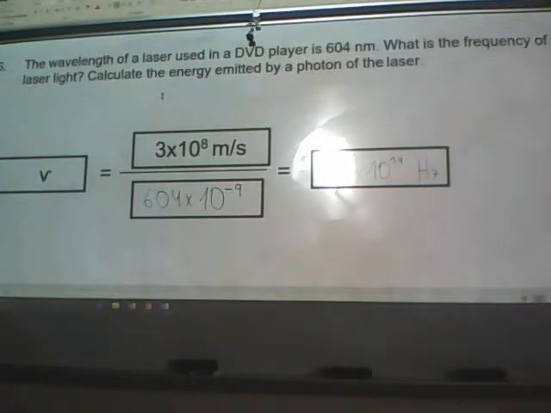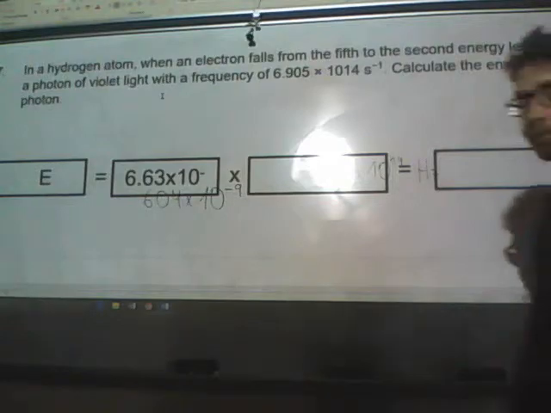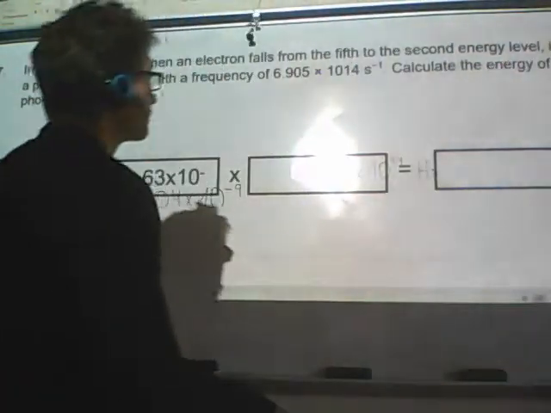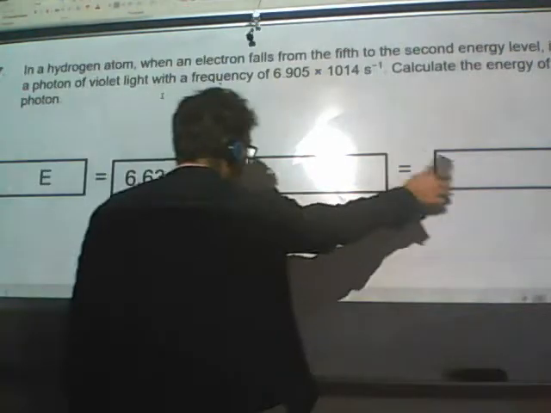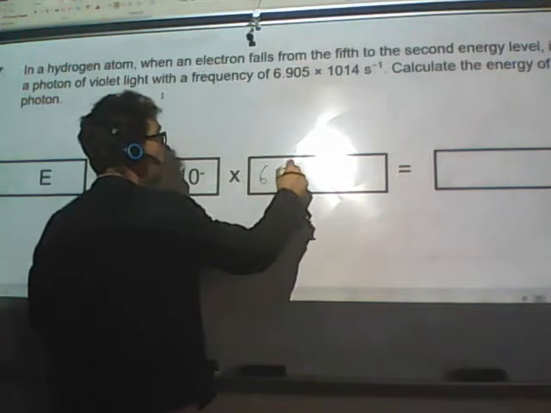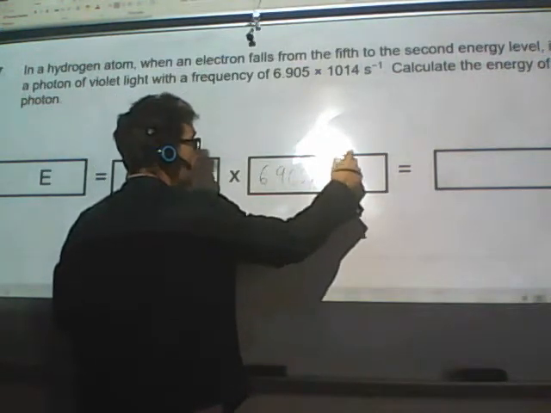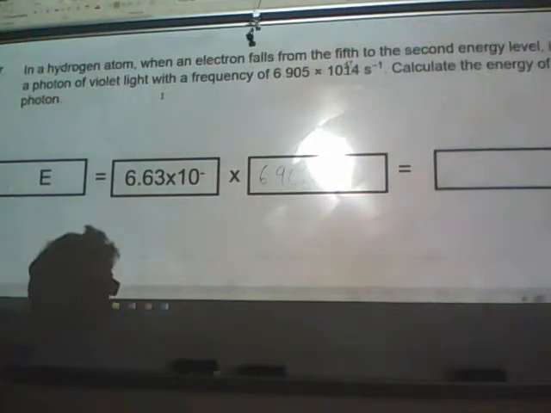Gonna do the 7 and then the other 3 you do it, okay? 7. In a hydrogen atom when an electron falls from the 5th to the 2nd energy level, it emits a photon of violet light with a frequency of 6.905 by 10 to the power of 14. This is 14 here.